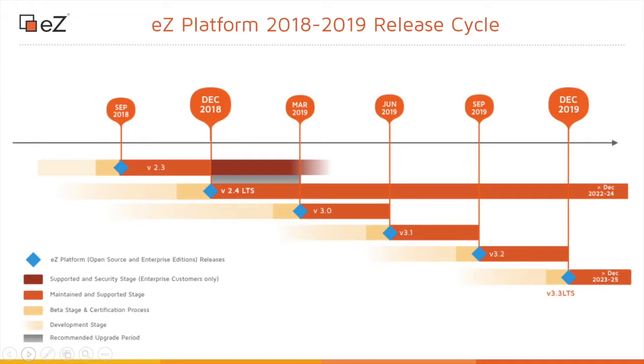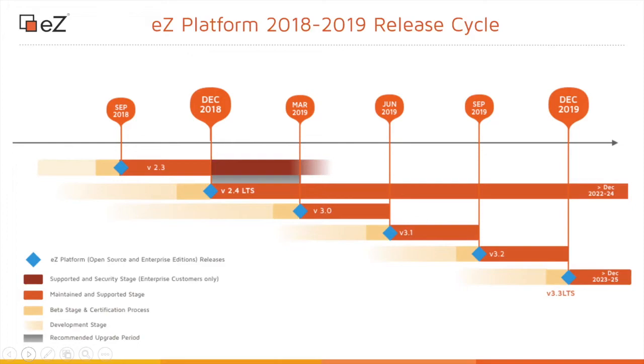The last thing that I want to mention about this release cycle is that, similar to the previous release cycle, for the upcoming release cycle we're expecting to have 3 fast-track releases and 1 long-term supported release. So that is all about the release cycle.